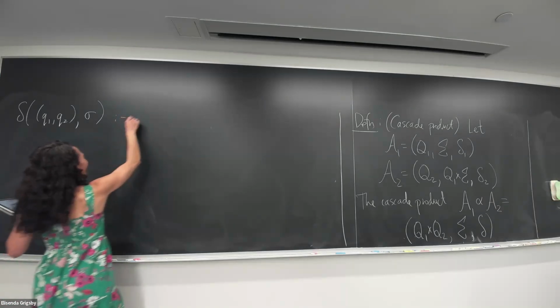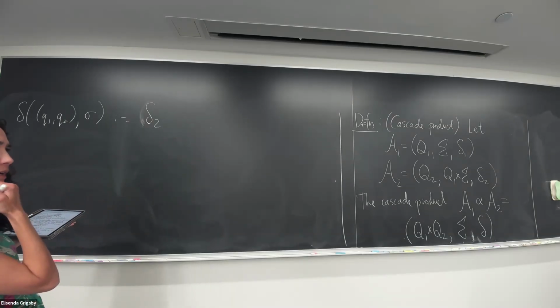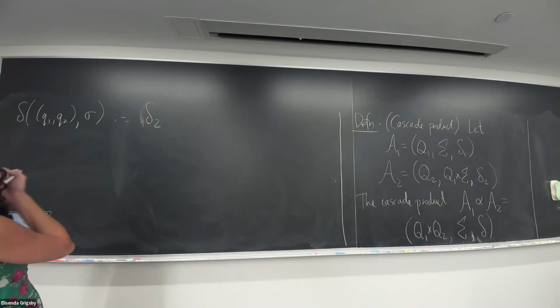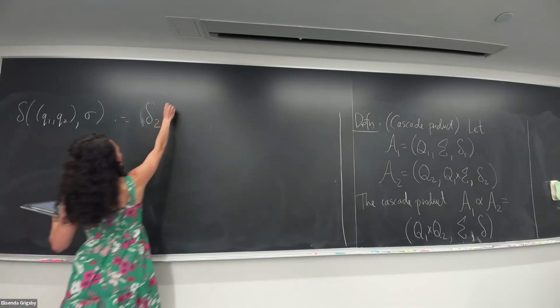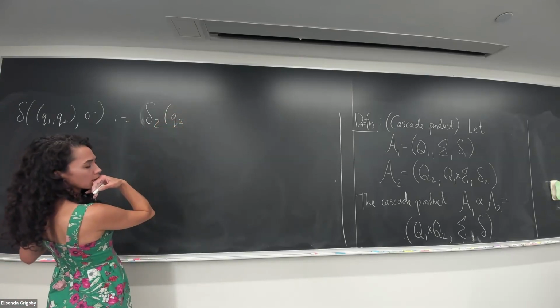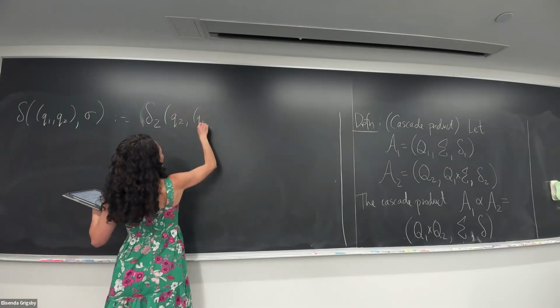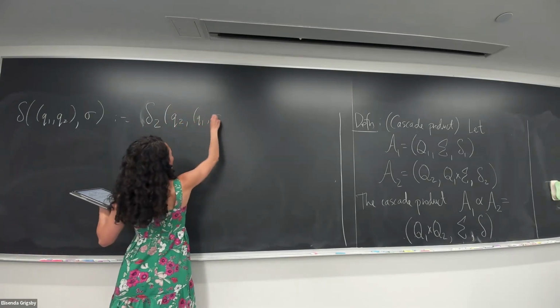Right? Okay, say it again. Delta 2 needs to take in a Q1 cross sigma and then a sigma. Delta 2 needs to take in Q2 and a Q1 and sigma.